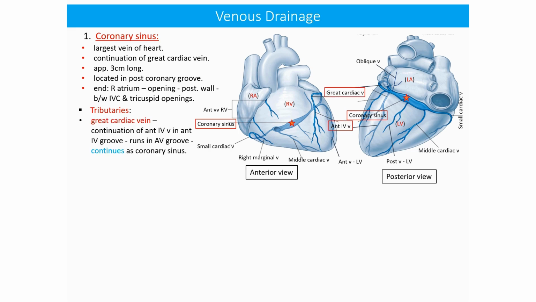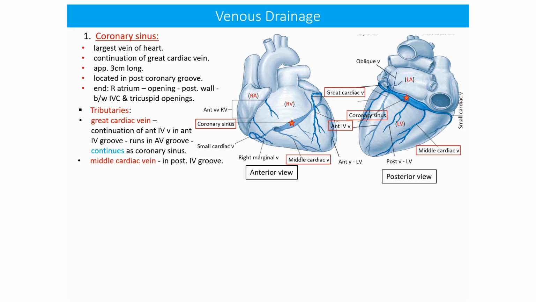Its tributaries are number one, great cardiac vein, which is continuation of the anterior interventricular vein which lies in the anterior interventricular groove, runs upward and enters the anterior atrioventricular groove and continues as the coronary sinus.